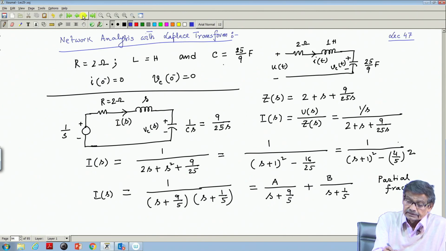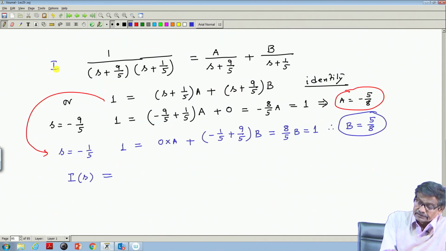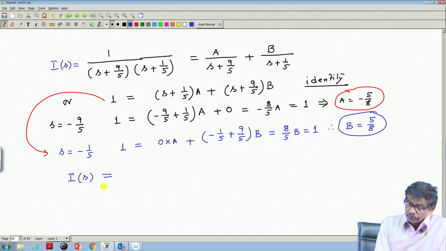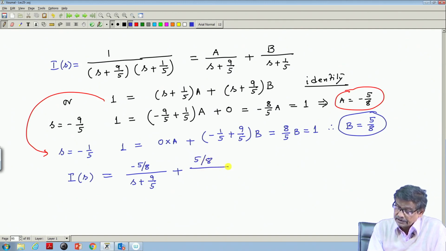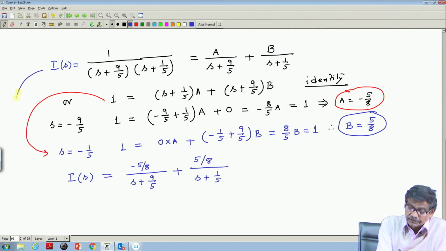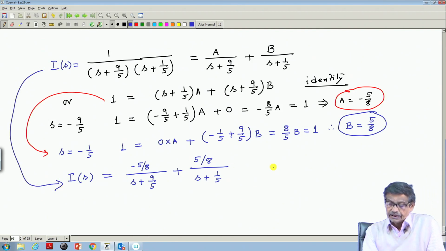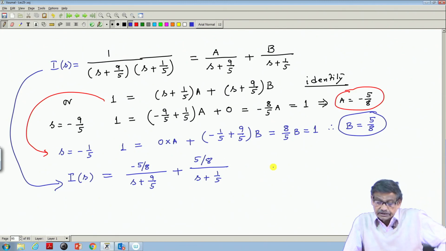So, I(s) is now written as minus 5 by 8, that is A, divided by S plus 9 by 5, and B is 5 by 8, plus 5 by 8 divided by S plus 1 by 5. So, from this we substitute the values of A and B. Now, we are in a very happy situation.